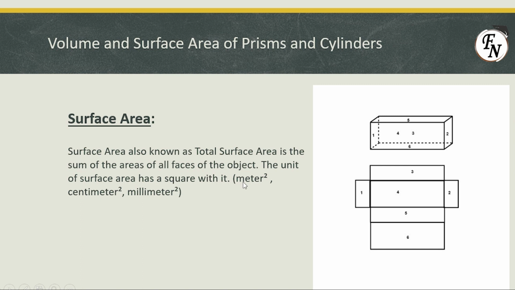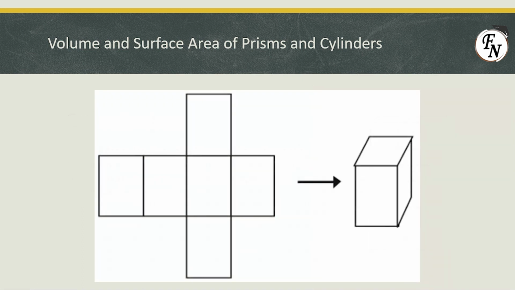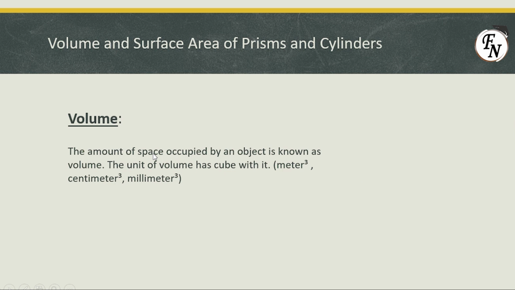Let's proceed further. If I talk about these 6 faces, and I add them up, join them up to form a complete box, the internal space occupied by this box is known as volume. So here is the definition of volume: the amount of space occupied by an object is known as volume. The unit of volume has cube with it, that is meter cube, centimeter cube, millimeter cube, and so on.